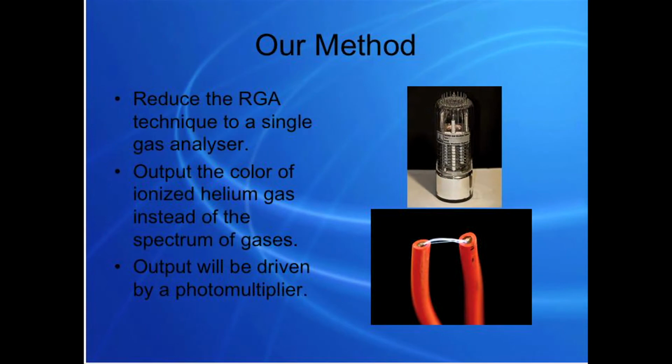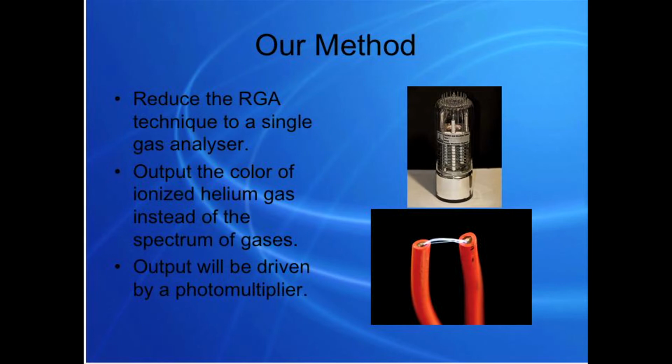What we're trying to implement is to simplify everything so you can just see the leakage itself instead of all the gases mixed up in that chamber. And we were trying to reduce the RGA down to just seeing a single gas spectrum instead of the whole spectrum of gases. And we're trying to do this with helium.